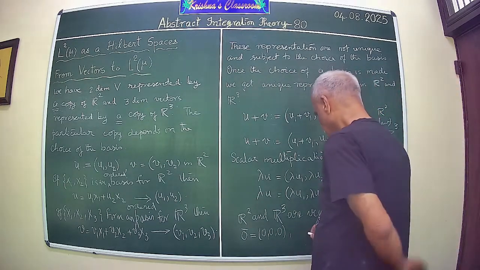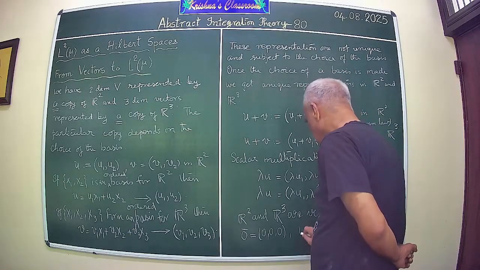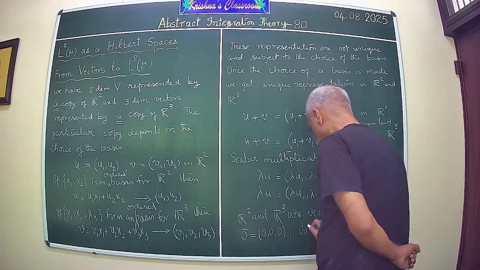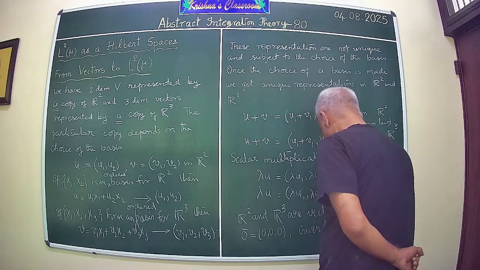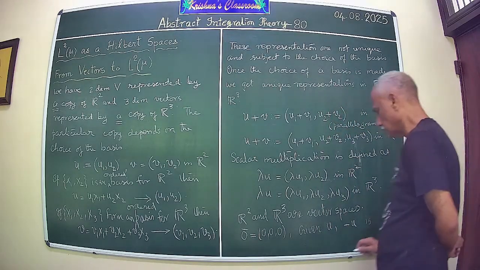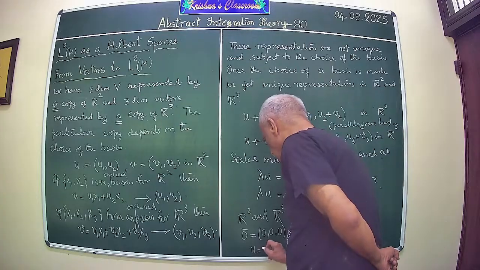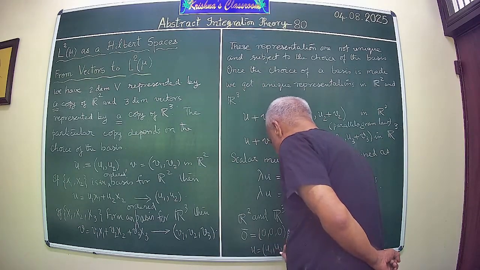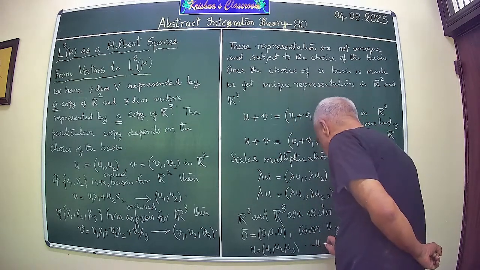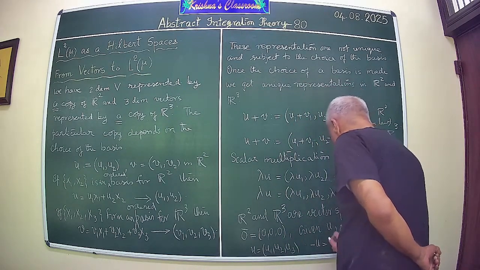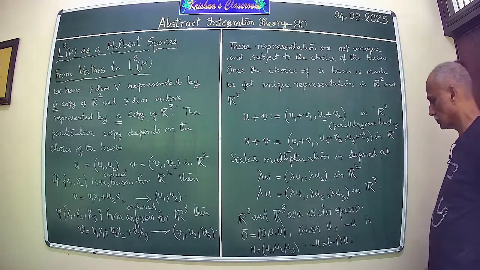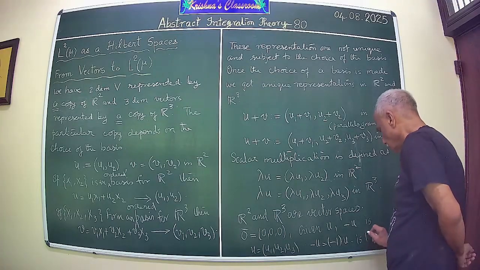And U times minus one is the additive inverse.